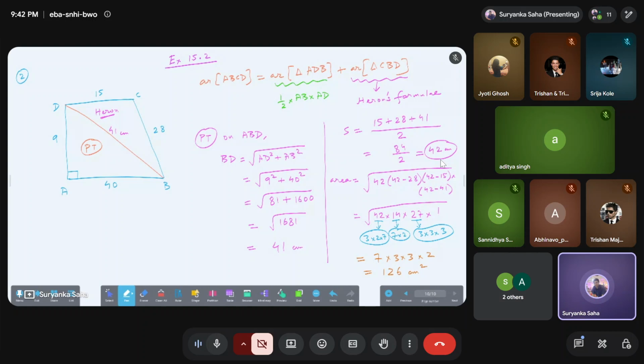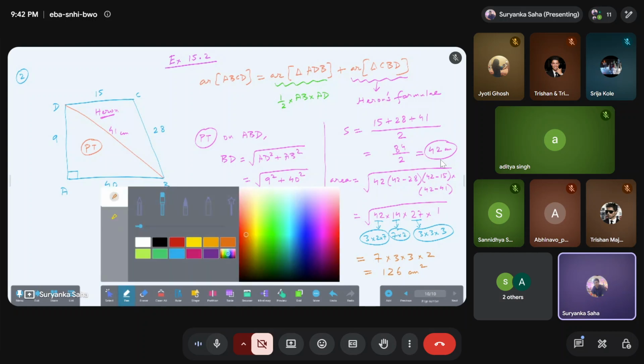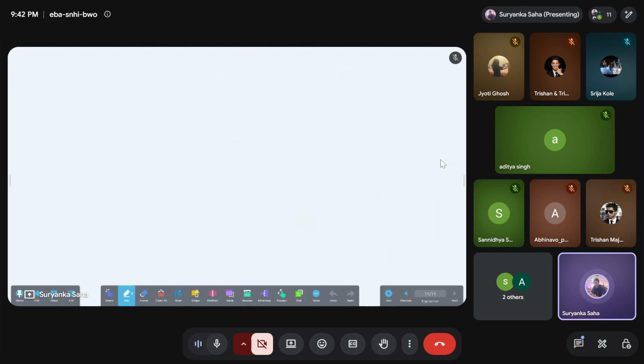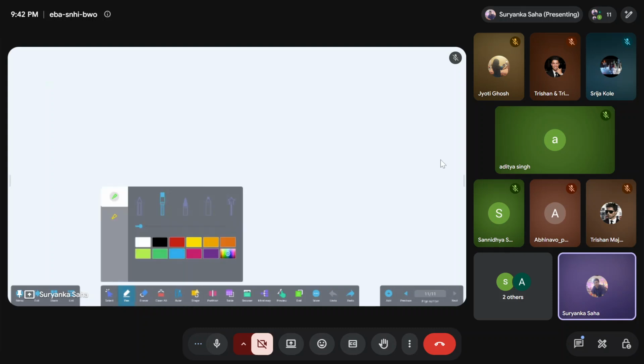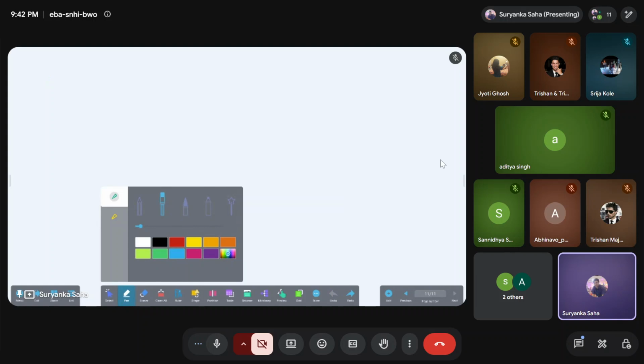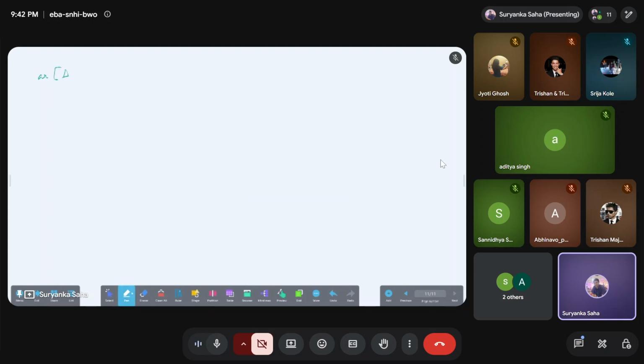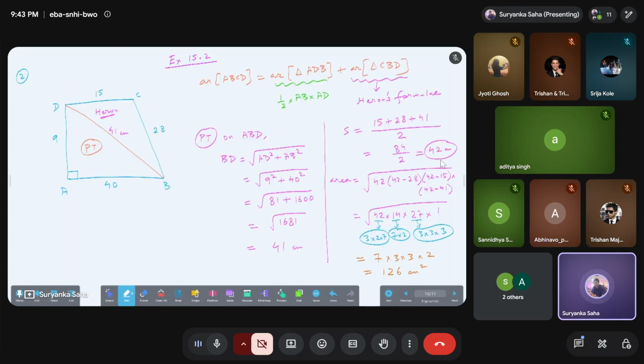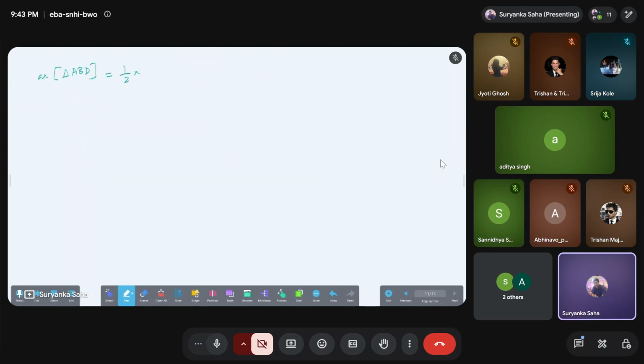And area of triangle ABD. So here I'm finding, on the next page, the area of triangle ABD. Half into AB into AD.